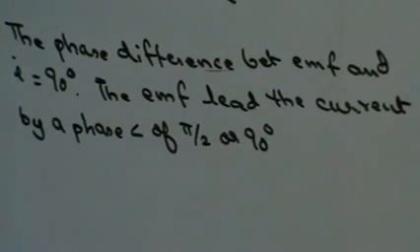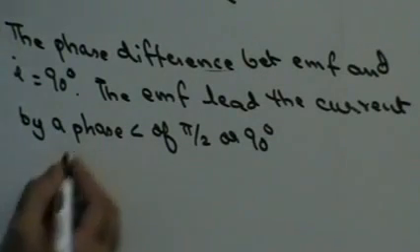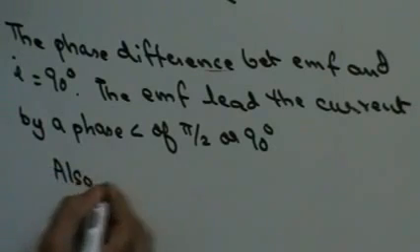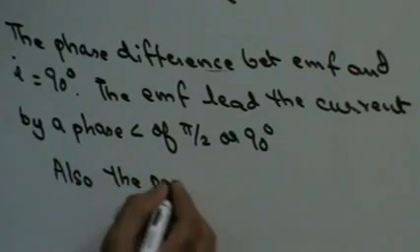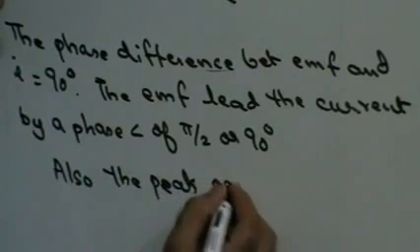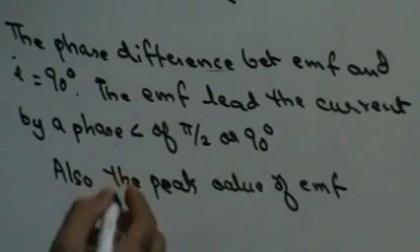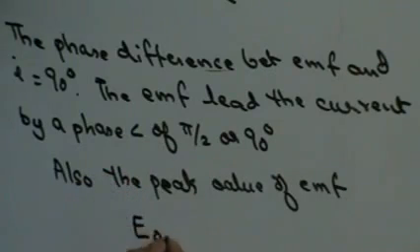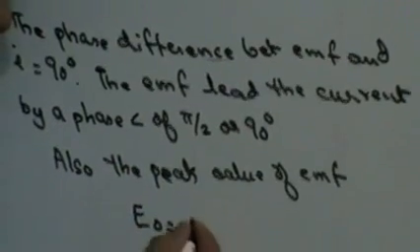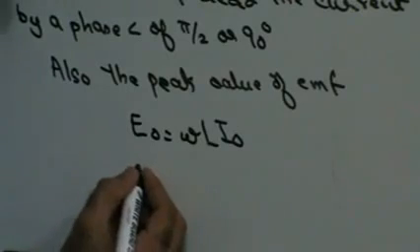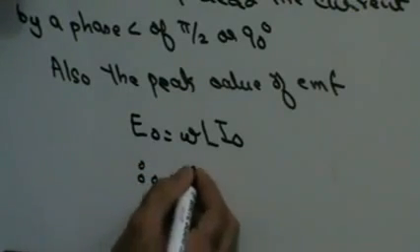Now we have also said that the peak value of EMF, E0, is nothing but omega L I0. We had assumed this when we were deriving the equation. Therefore omega L is E0 upon I0.